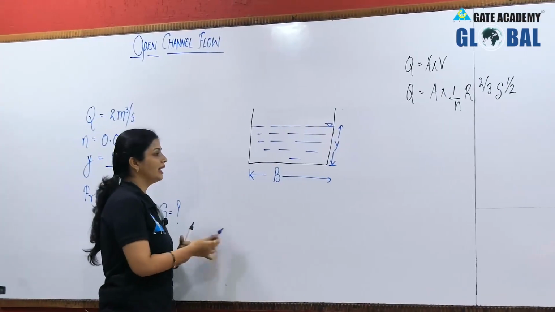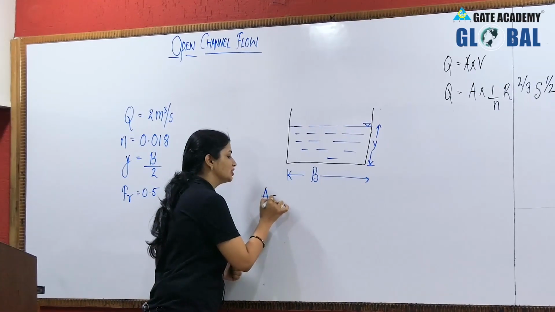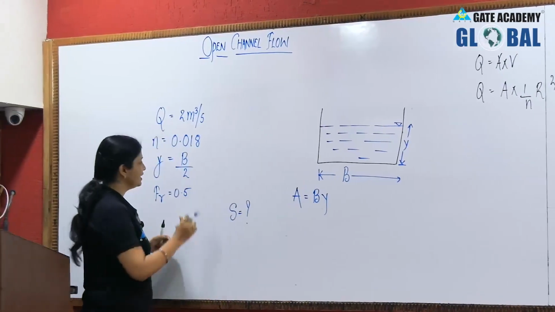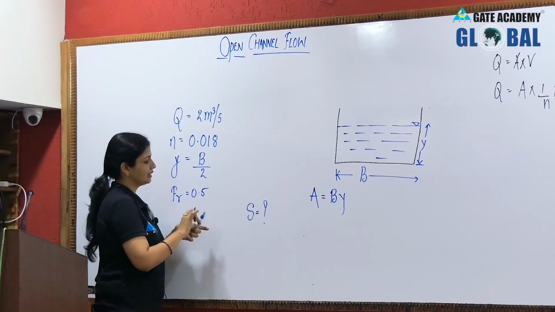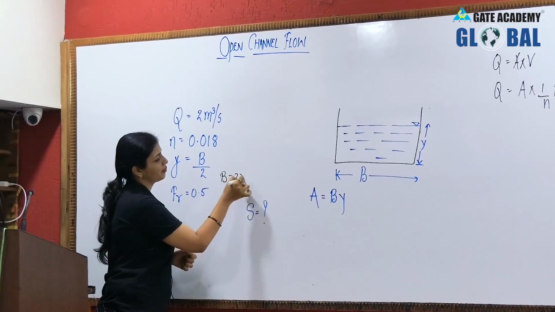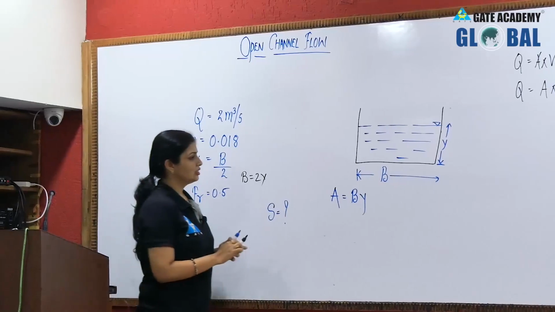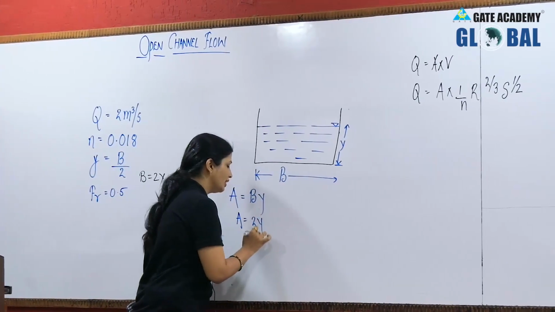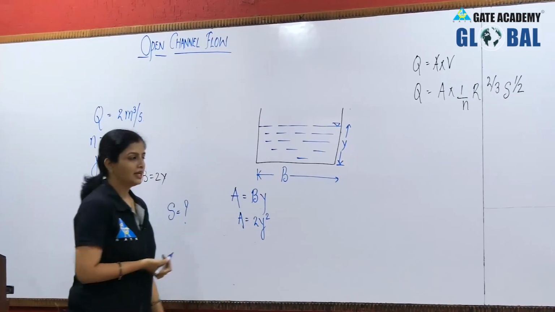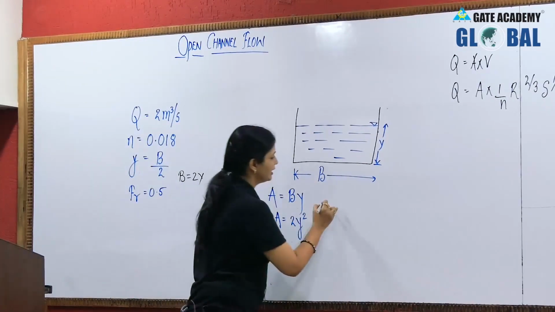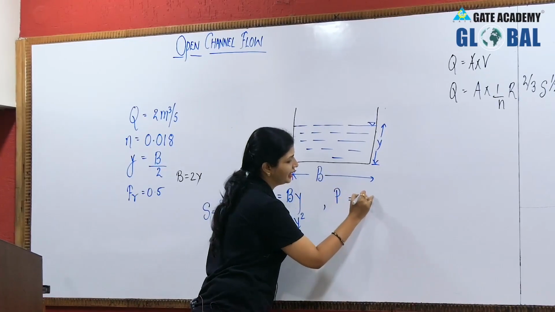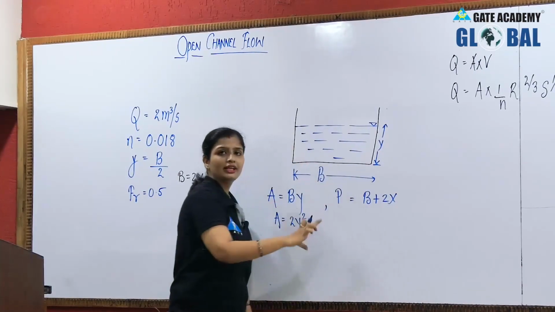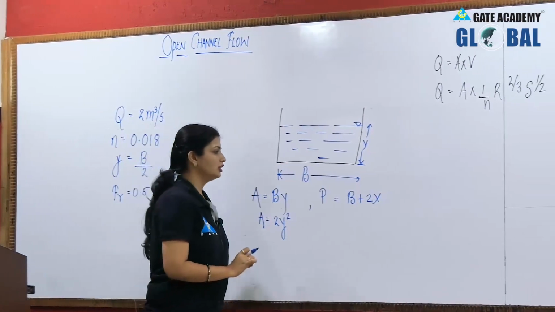You know that area of a rectangular channel section is B into y. But from here you have seen B is equal to 2y. Yes, I can write it so. So area will be 2y square. Similarly, the wetted perimeter will be B plus 2y, the length of the boundary in contact with water.